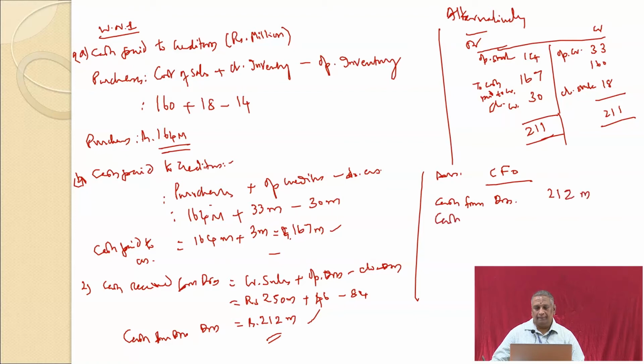Cash paid to creditors, 167 million. So the balance is 45 million, which is cash generated from operating activities.